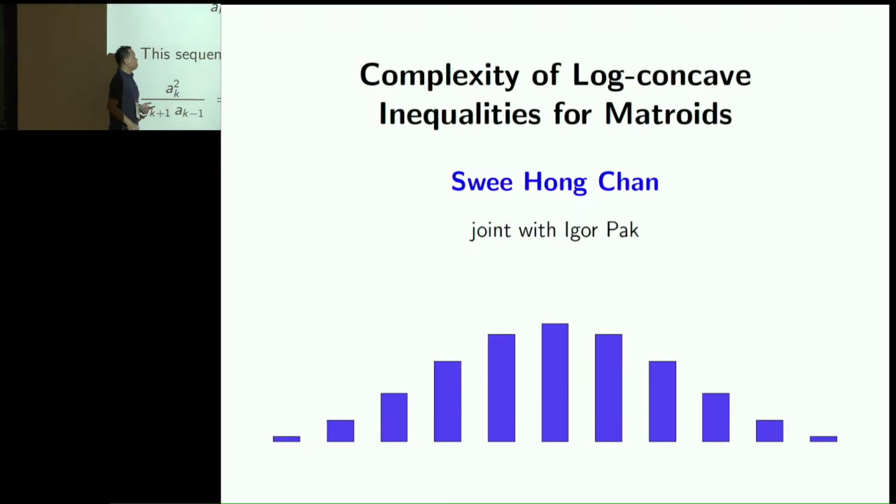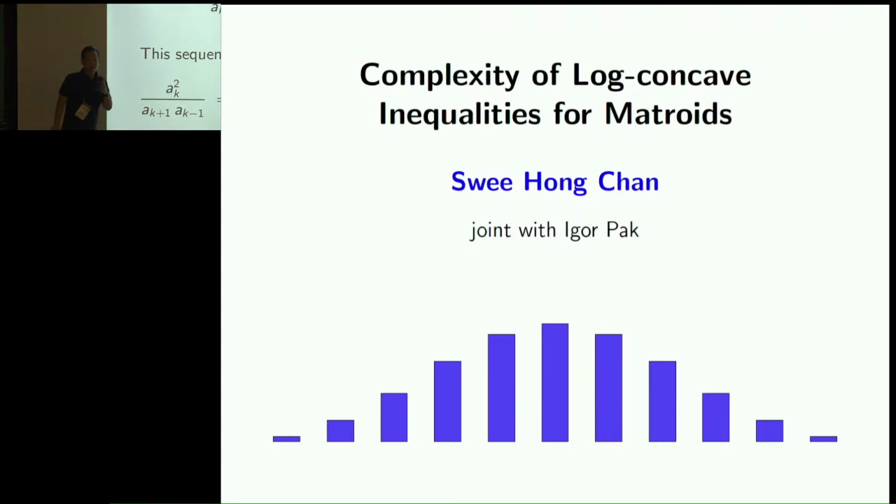We know this sequence is log-concave because we can simply do a direct computation. We take this ratio, and we get that it is equal to 1 plus 1 over k times 1 plus 1 over n minus k. Since k is between 0 and n, this number is always at least 1. That's how we know this is log-concave.